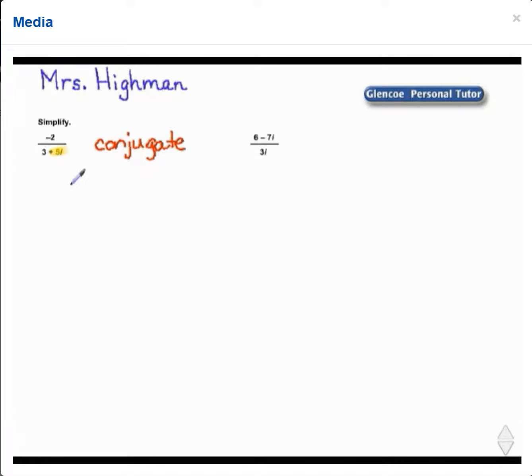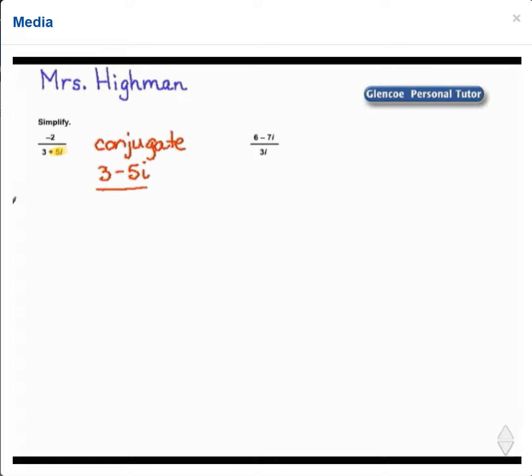The conjugate of 3 plus 5i would be 3 minus 5i. We need to multiply both the numerator and the denominator by this same value, because in a sense that's just multiplying by 1, so we don't change the value of our expression, we'll just simplify it.